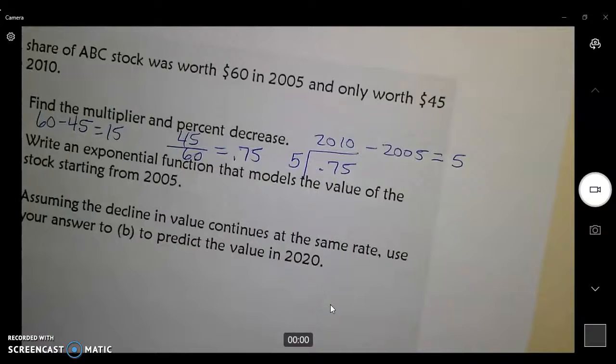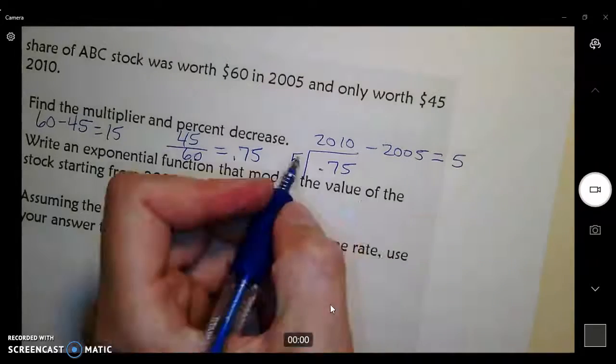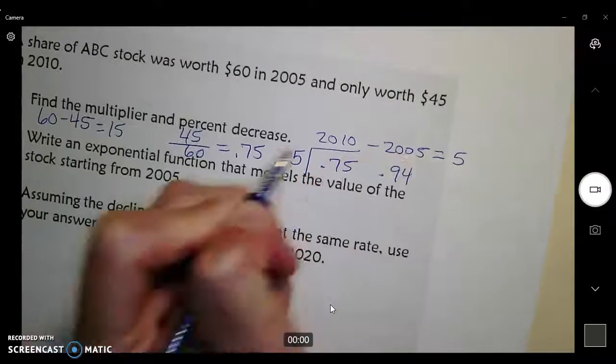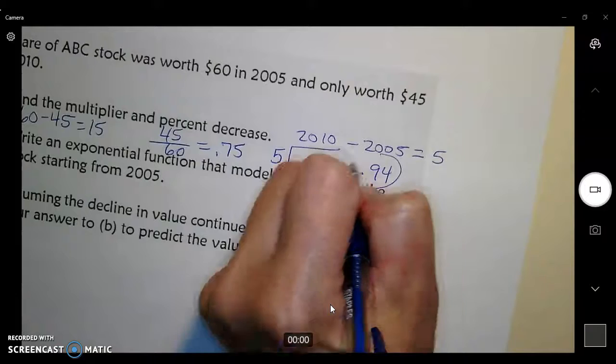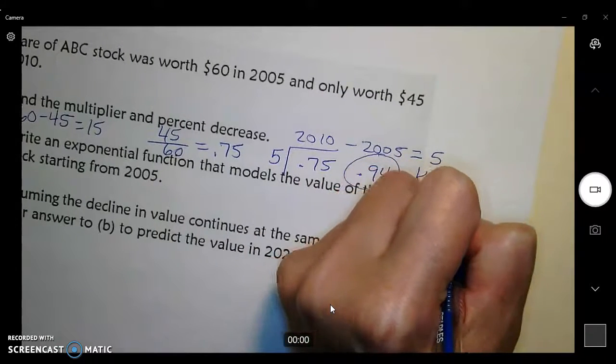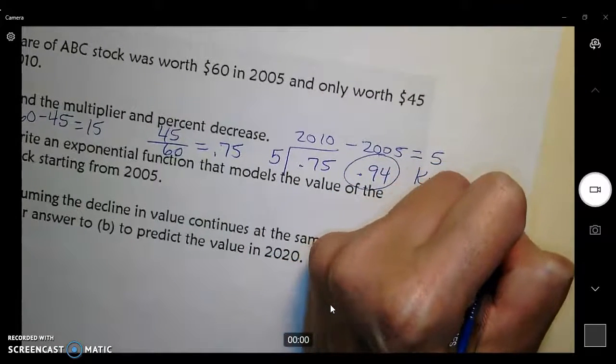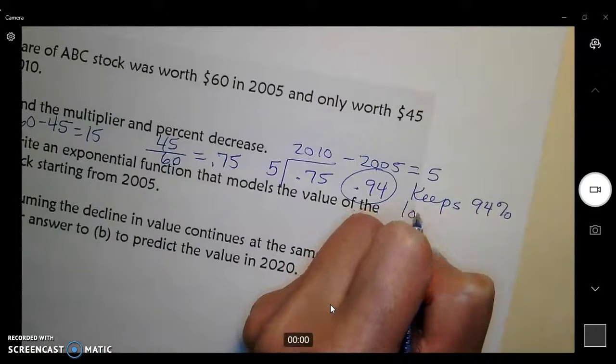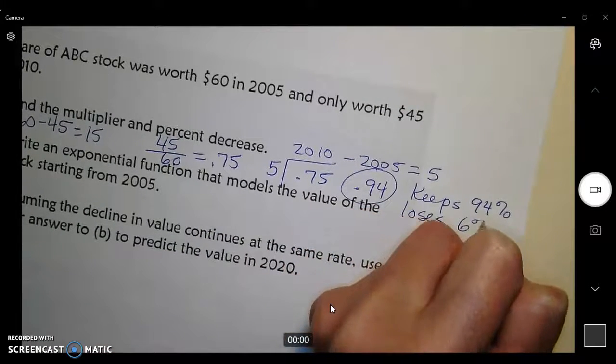So to do that on your calculator, you type 5. Then you go math, and you choose option 5. Put your 0.75 in there, and you get 0.94. So it's keeping 0.94, which is 94%. Keeps 94%. That means it loses 6% every year.